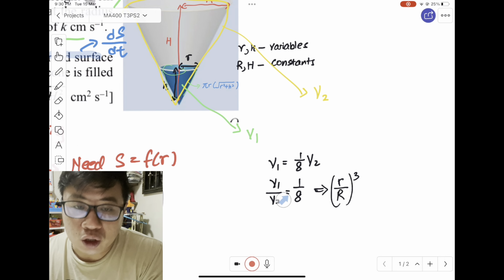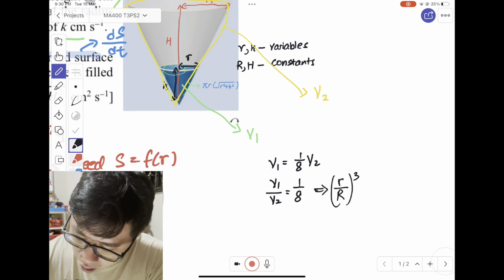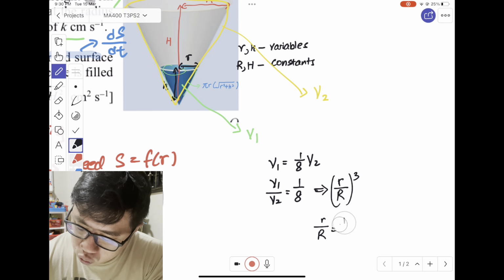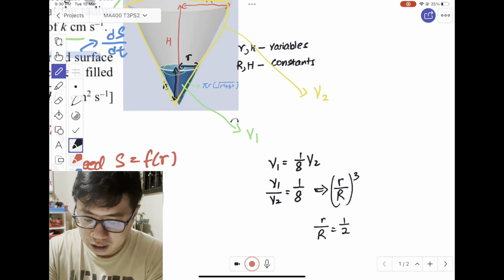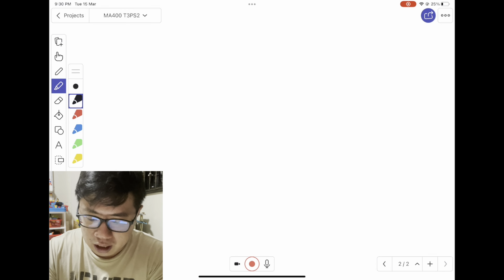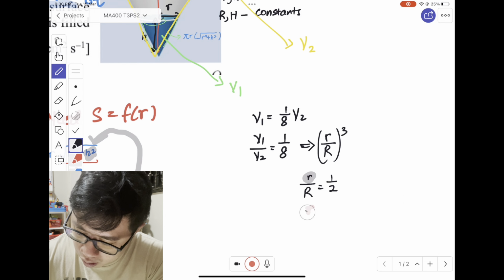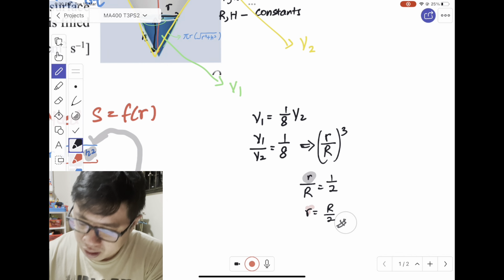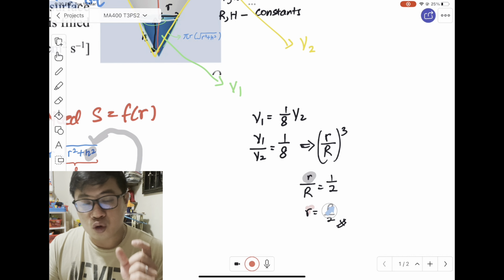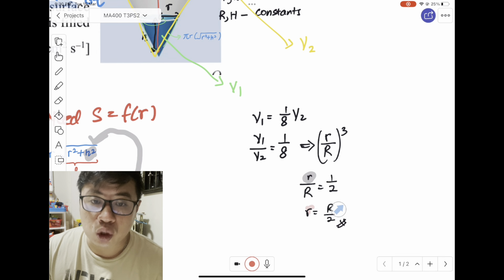So if V1 over V2 is 1/8, it will tell you that small r over big R cubed is also 1/8, meaning small r over big R is 1/2. And remember that here, small r is the variable, and capital R is a constant. You treat it as a constant. So small r here is basically R/2. This is the particular value you're going to substitute. Remember, capital R is a fixed value that you can use.